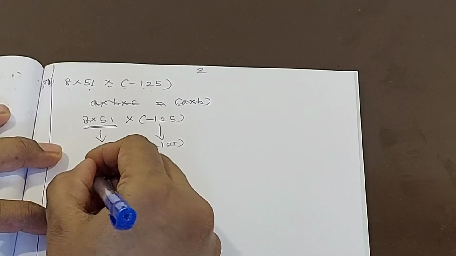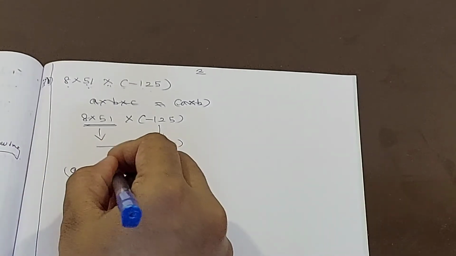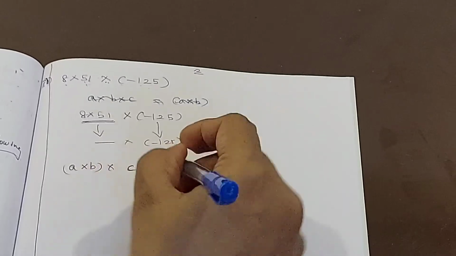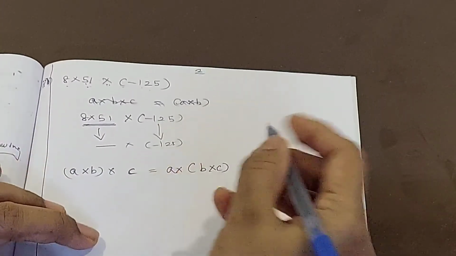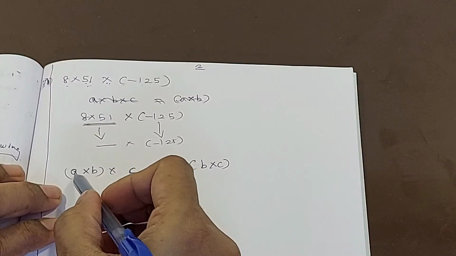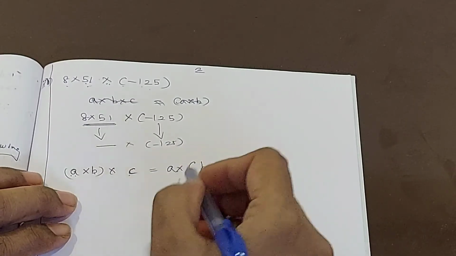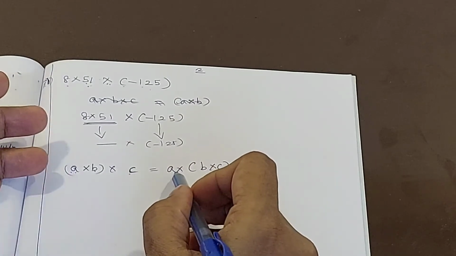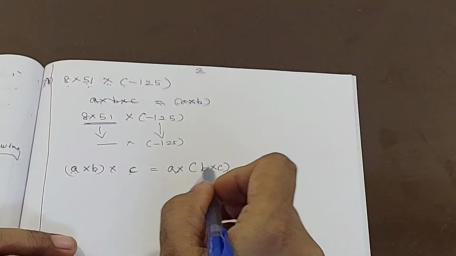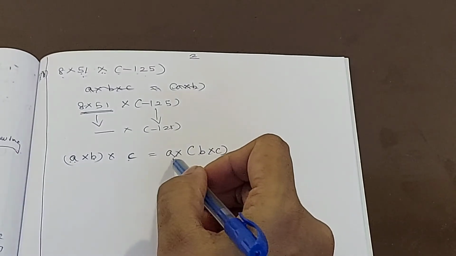What does associative property say? A cross B cross C is equal to A cross B cross C. That is, either we can multiply A into B into C, or instead of doing this, it will be easy to do A cross B cross C. First we have to multiply B into C, and after that we will multiply by the term A.